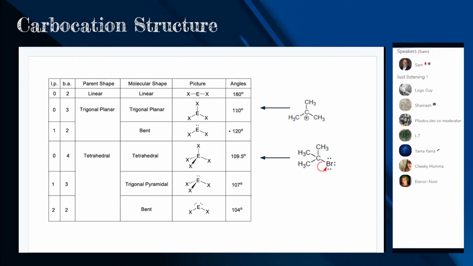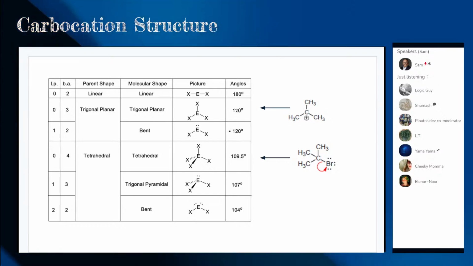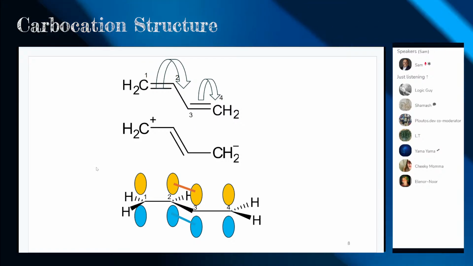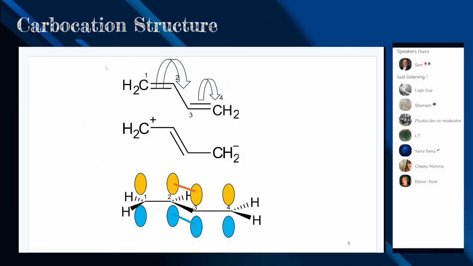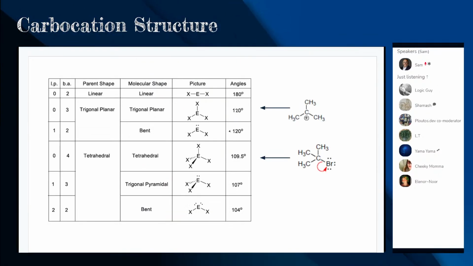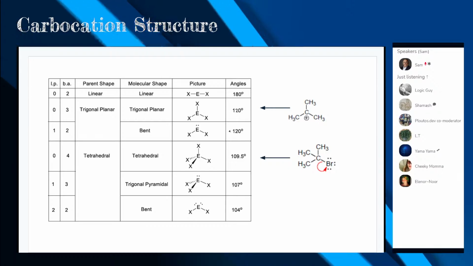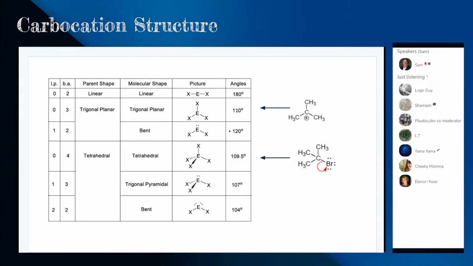If I were to move one of the methyl groups, it becomes closer to one of the other ones and further away from the other, or from one side becomes closer to both of them from another side. So basically, this is the best way that VSEPR tells us the structure of the carbocation should be.